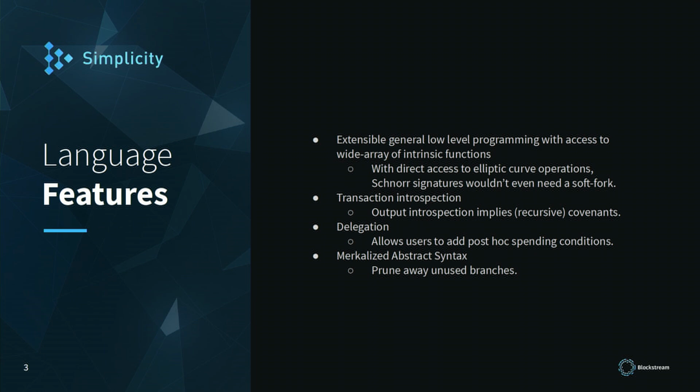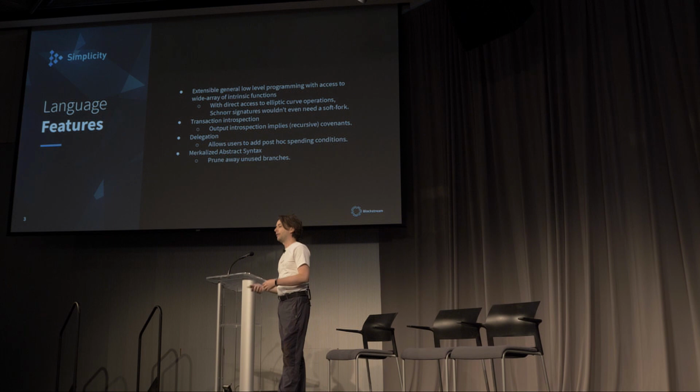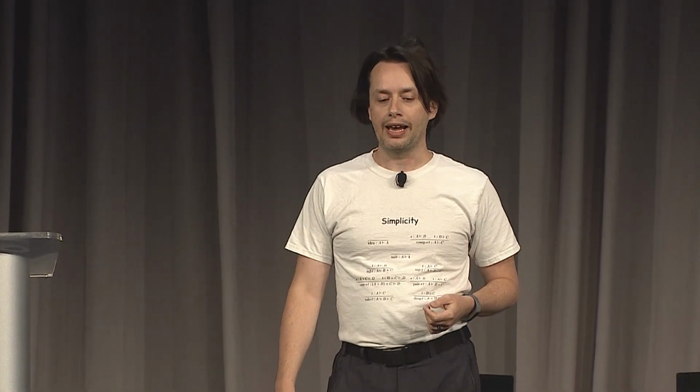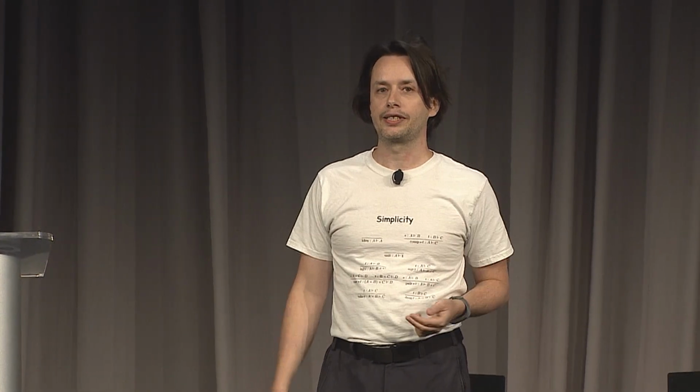Simplicity has features like transaction introspection, and in particular output introspection, which implies this covenant feature. So Bitcoin script allows you to put conditions on who can spend it, whoever has access to the pub key. With the recent, not so recent soft forks, we have access to when it can be spent through the various time lock mechanisms, and the covenants tell you where it can be spent.